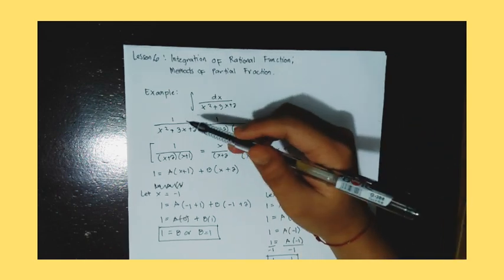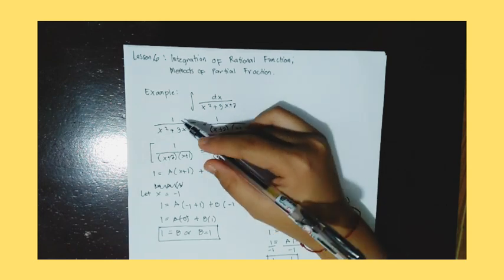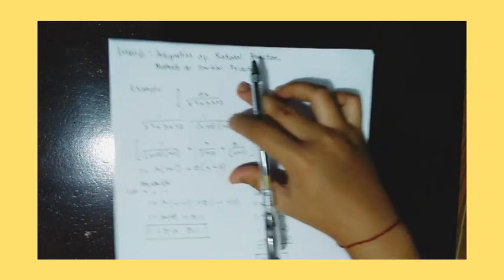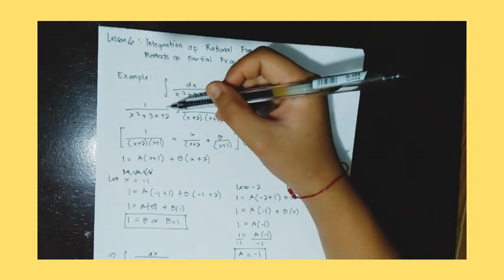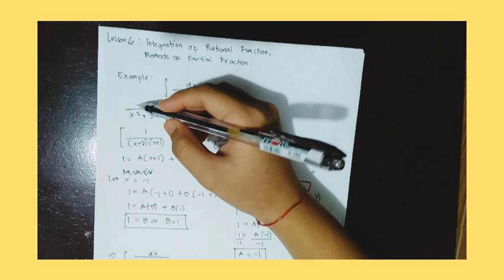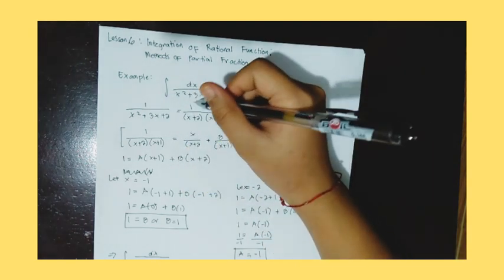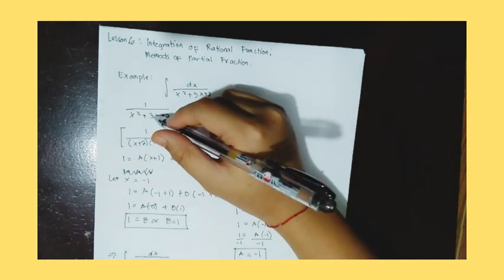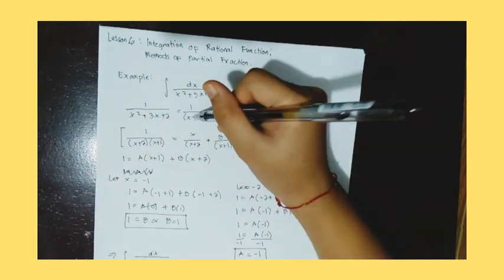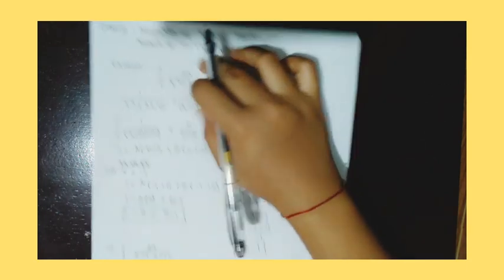Then the dx is replaced by 1, so we have 1 divided by x squared plus 3x plus 2. Then we factor x squared plus 3x plus 2, which is equal to 1 divided by x plus 2 times x plus 1.